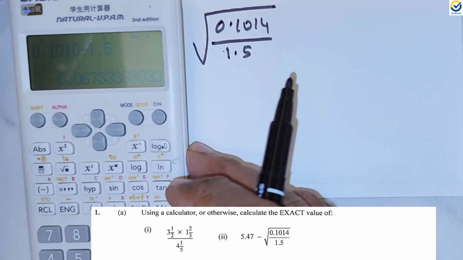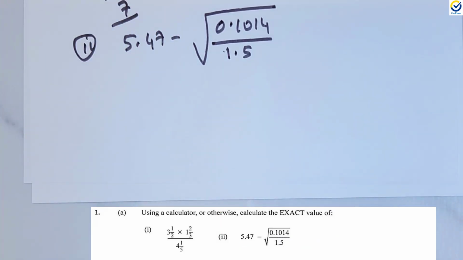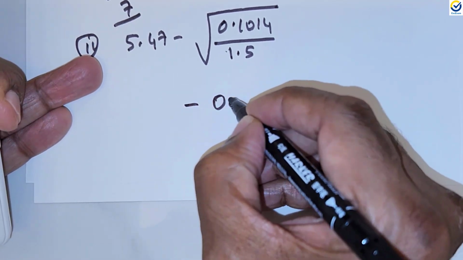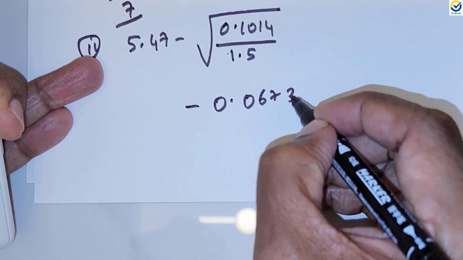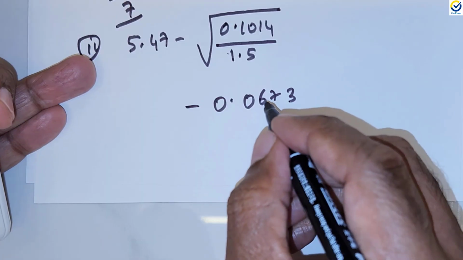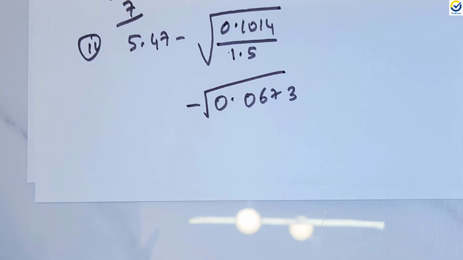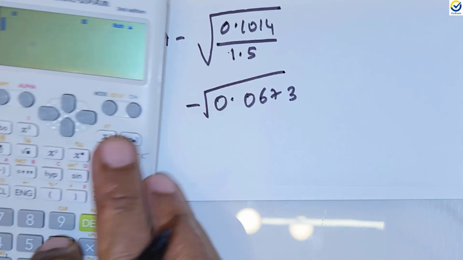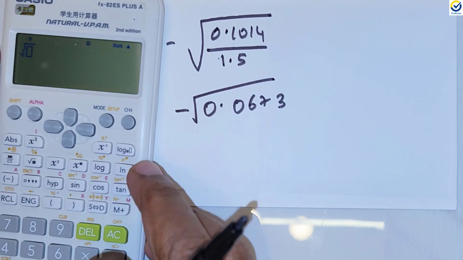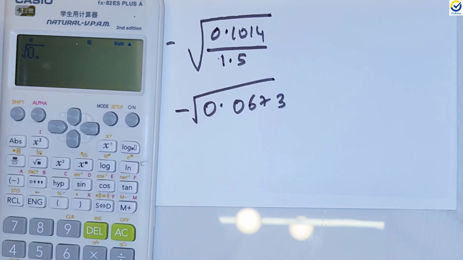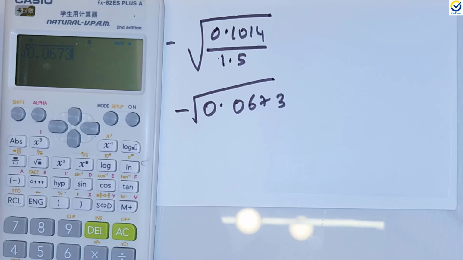We get a value of 0.0673. But apparently we need to take the square root of this value. So let me take the square root of 0.0673.